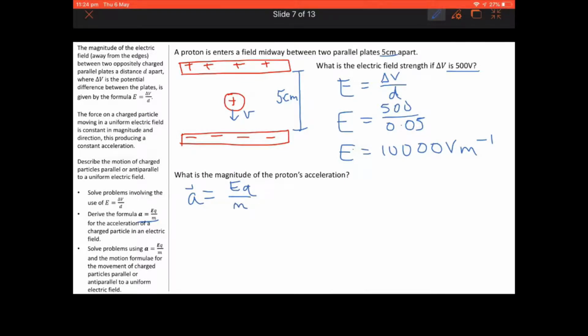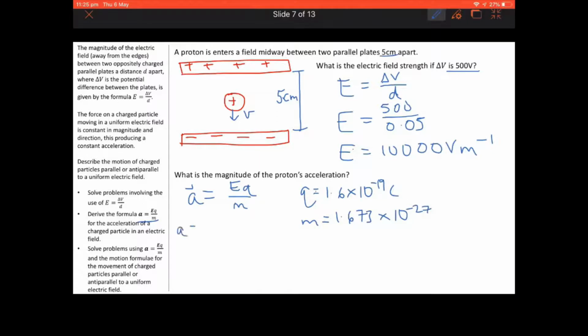The charge on the proton is 1.6 by 10 to the negative 19 coulombs, which corresponds to the charge on an electron. Mass of a proton is equal to 1.673 by 10 to the negative 27.